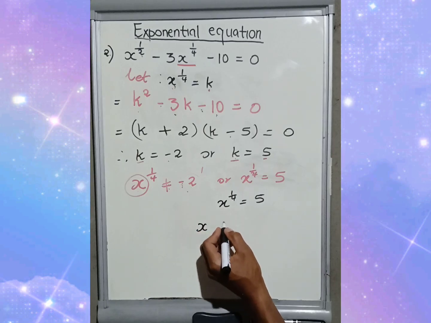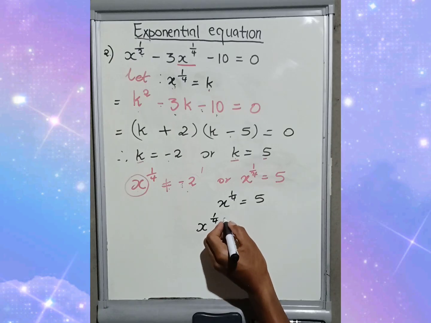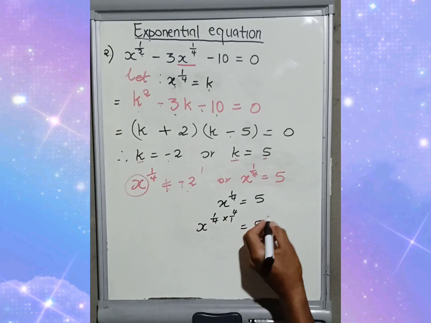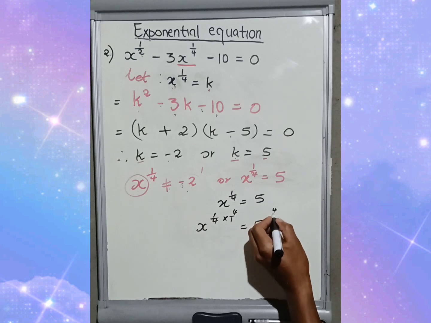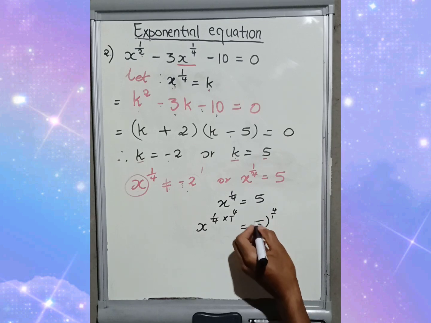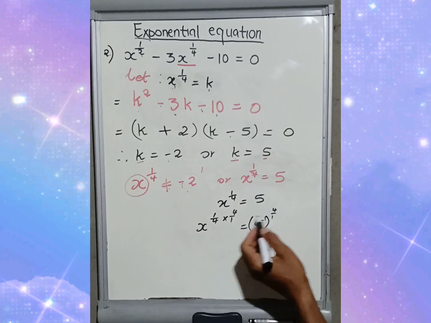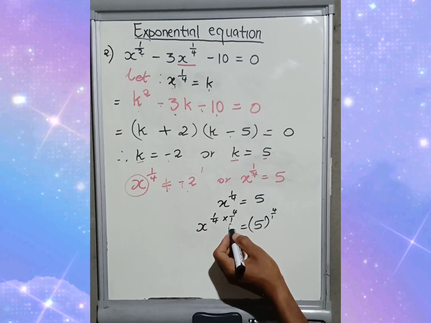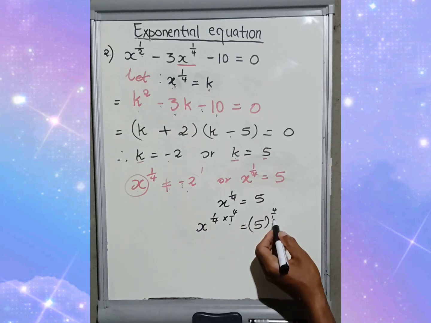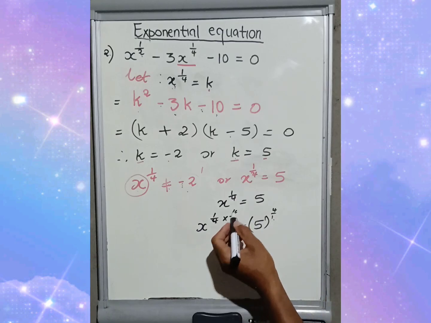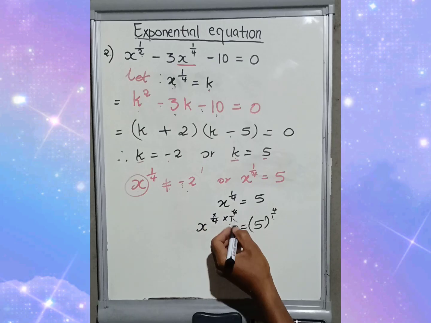We multiply by the inverse, like we're going to multiply by 4/1 on this side. Okay, let's put this one in brackets. Then whatever I do on the left hand side, I must do exactly on the right hand side.